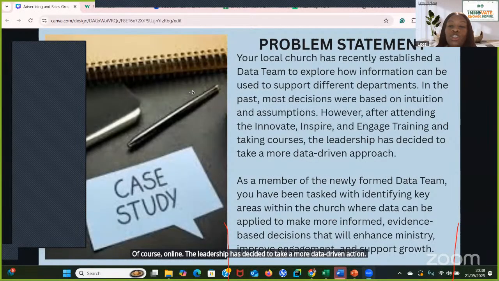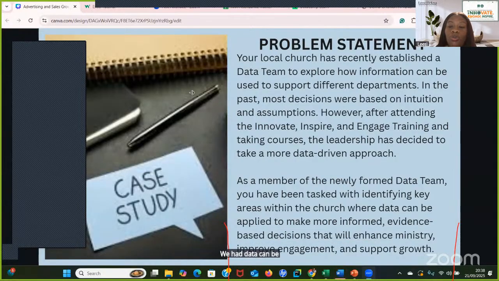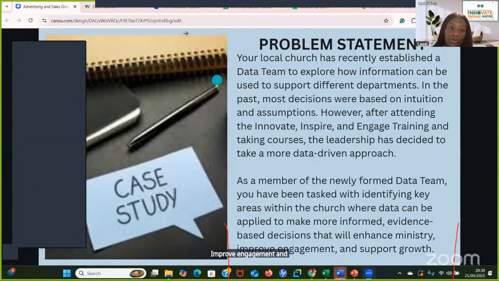As a member of the newly formed data team in your church, you have been tasked with identifying key areas within the church where data can be applied to make more informed, evidence-based decisions that will enhance ministry, improve engagement, and support growth.